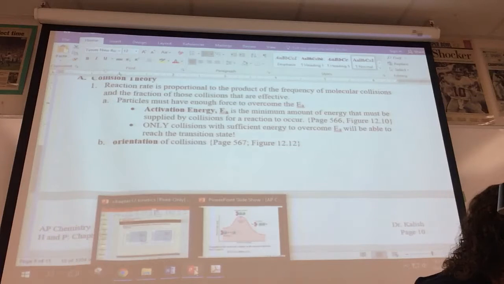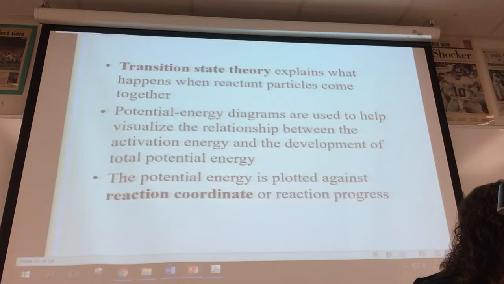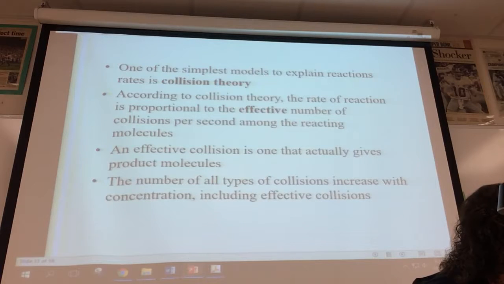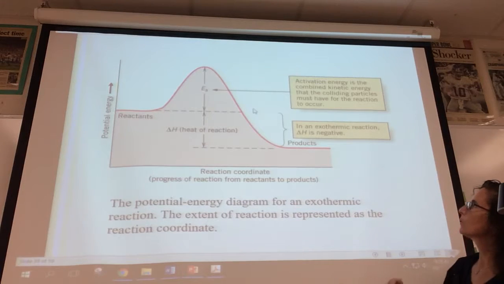We can see it. I've got slides from 2 different books here. This is from an older one, but I like this one, and we're going to take a look at this. Let me show you activation energy just for a minute. Right here is a reaction profile.